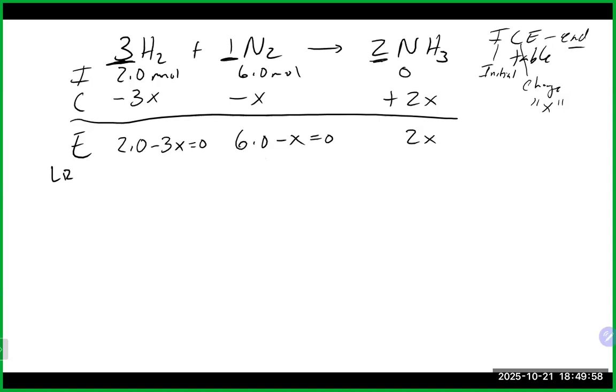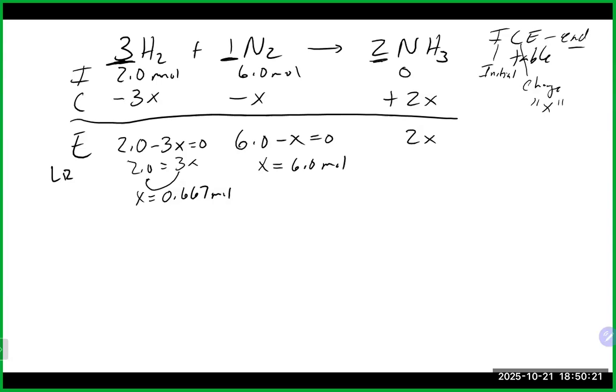So this one's pretty simple. Just move the x to the other side. X is equal to 6 moles, by the way. So that's what that represents. If you do this, the 3x goes to the other side equals 2. Divide, and you end up with 2 divided by 3, which is our x is equal to 0.667 moles.